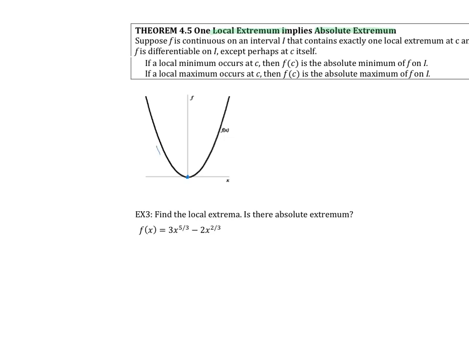The derivative goes from negative to positive, so we have a local min. But since there's only one local minimum value, that's also an absolute minimum value. So one local extreme value means it's an absolute extreme value.